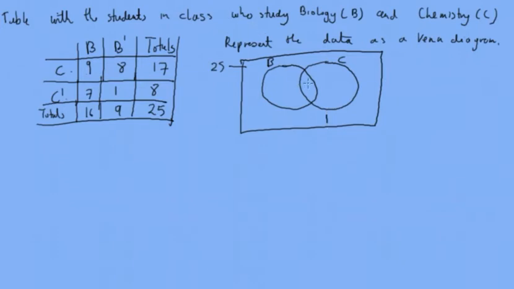Now, how many study both biology and chemistry? Well, that's our 9. How many study biology but not chemistry? That's 7. And who study chemistry but not biology, that's 8.